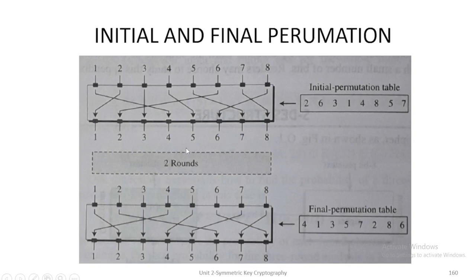After the initial permutation, we apply round 1 and round 2. The output of round 2 is given to the final permutation. Round 2 output is also an 8-bit value.